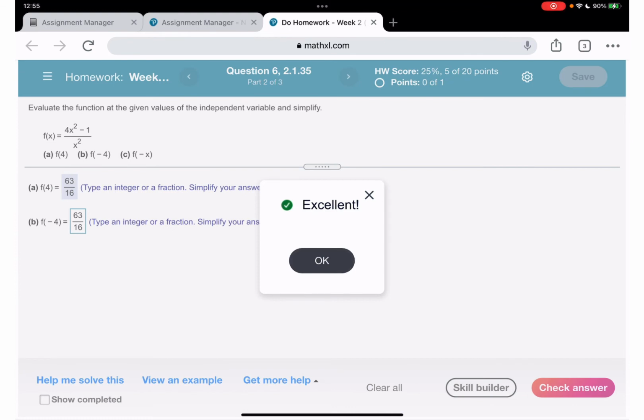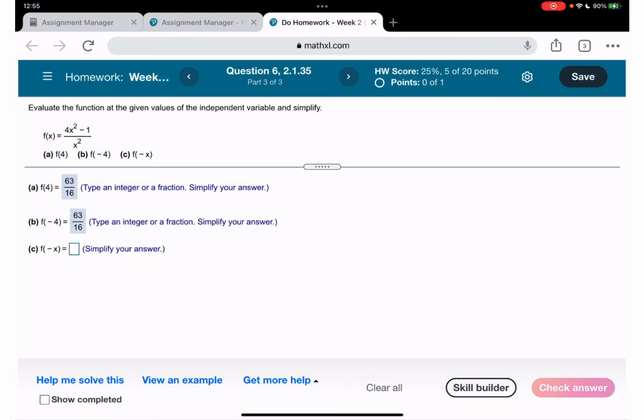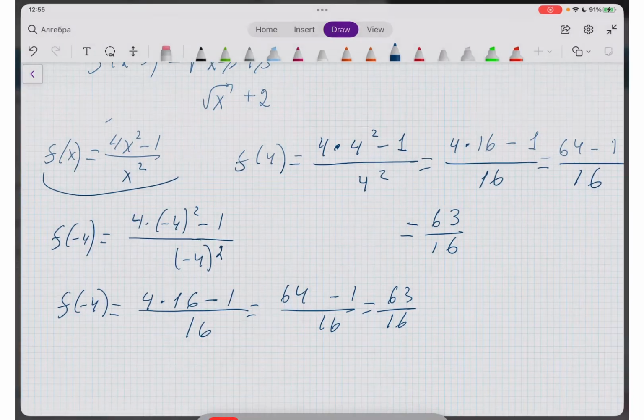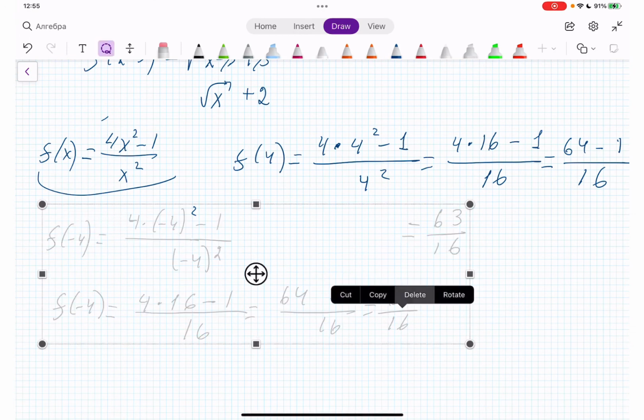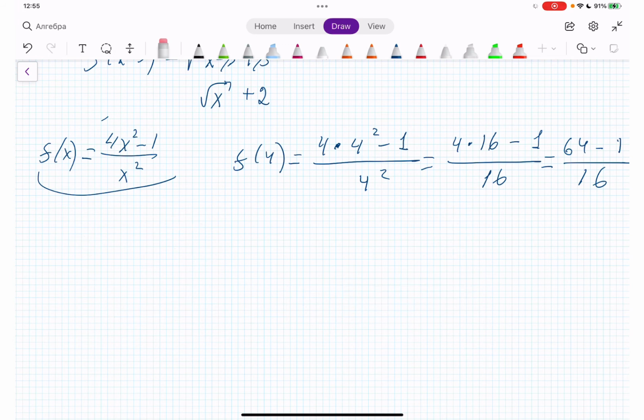We got it. Excellent. And f of negative x, now let's figure out negative x. f of negative x, which means instead of x, I'm taking negative x. 4 times negative x squared minus 1 and negative x squared.